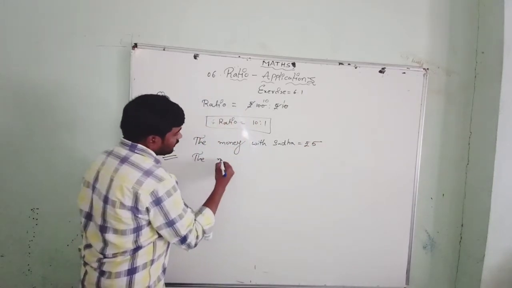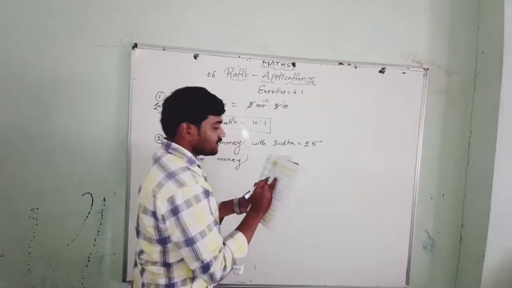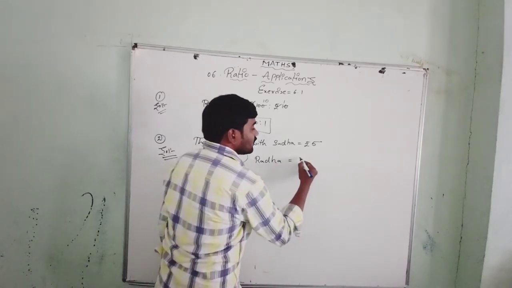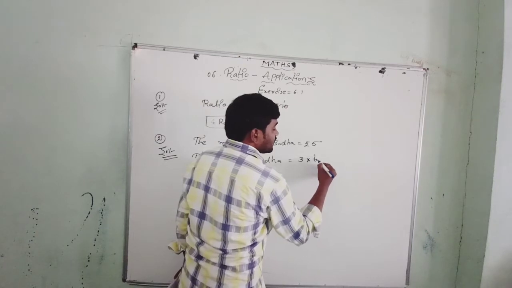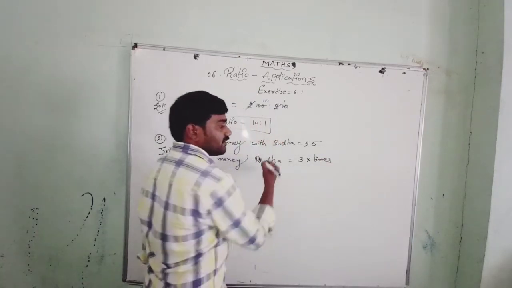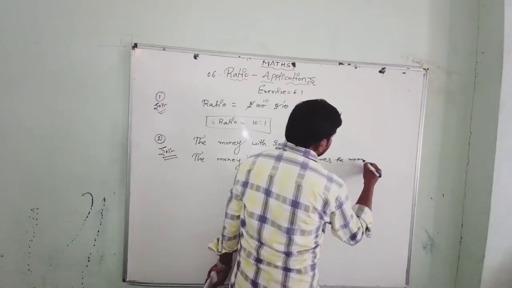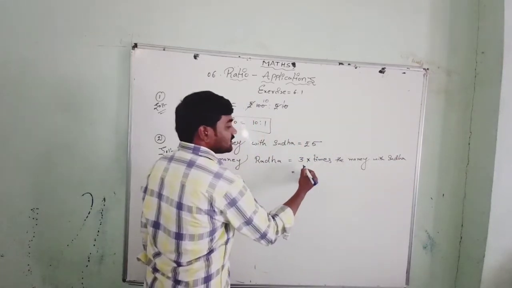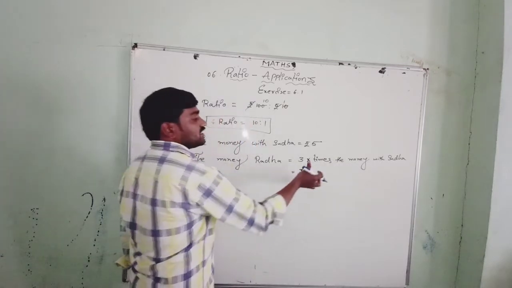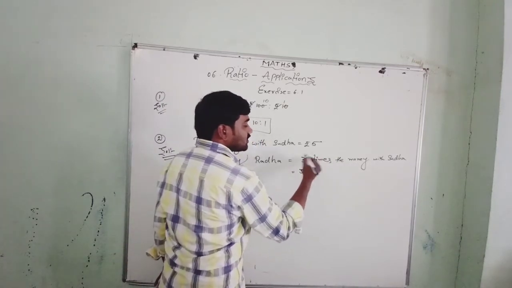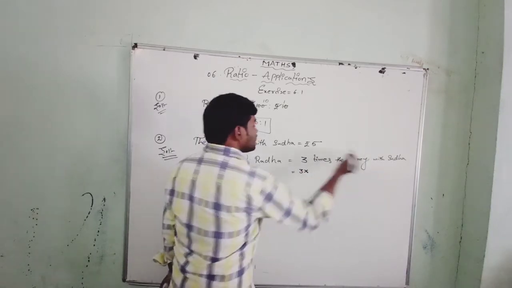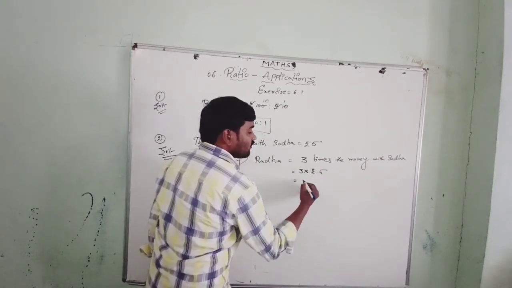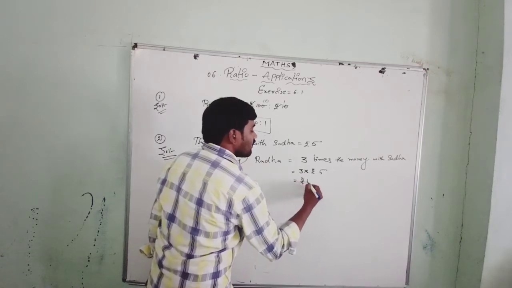Now the money with Radha is equal to 3 times, times in the sense multiplication, 3 times the money with Sudha. 3 into 5 is rupees 15.